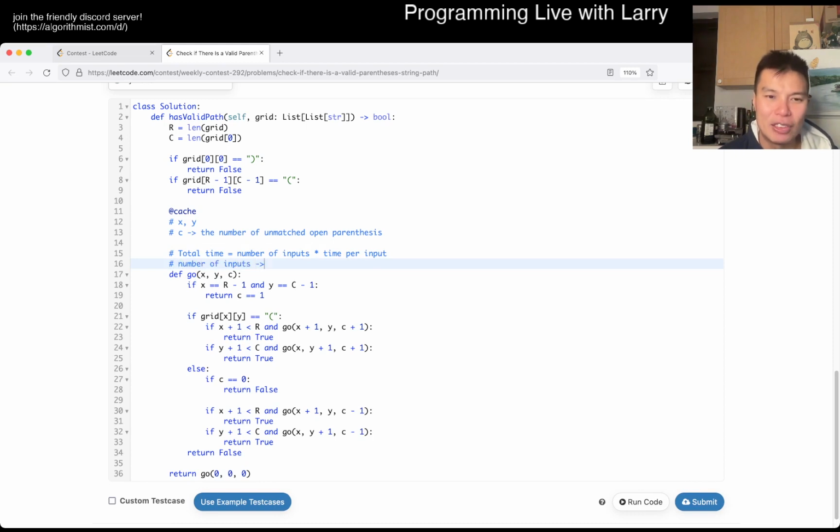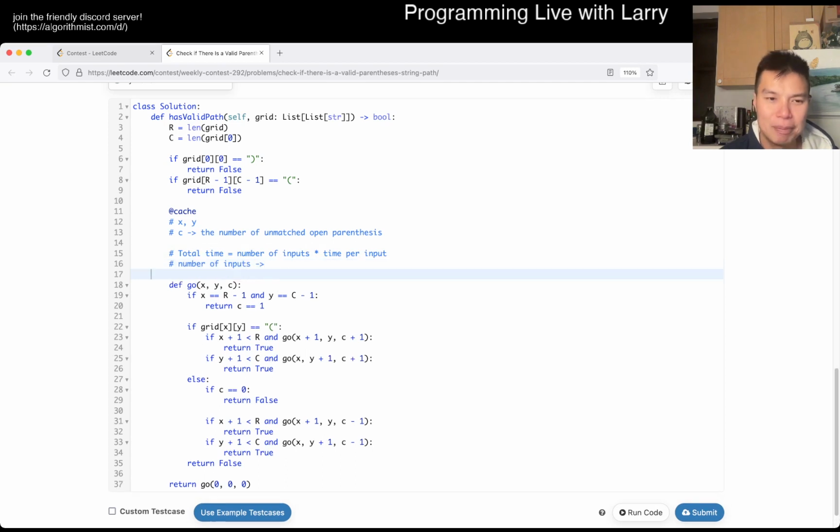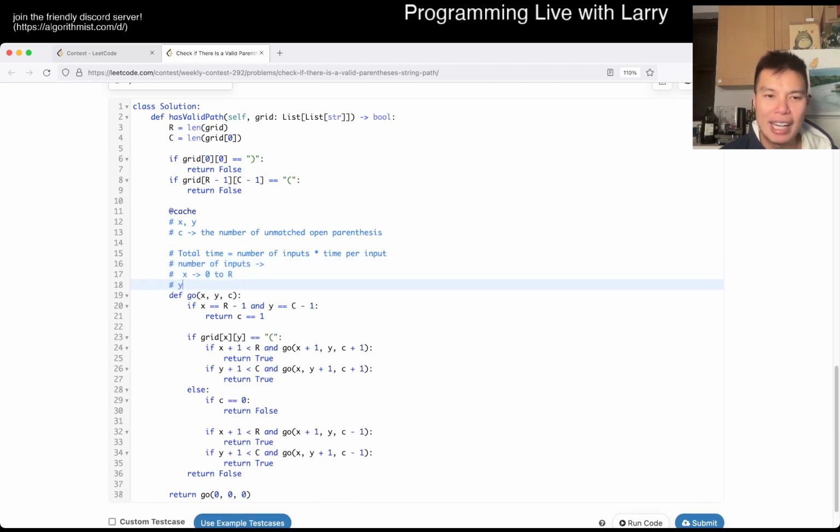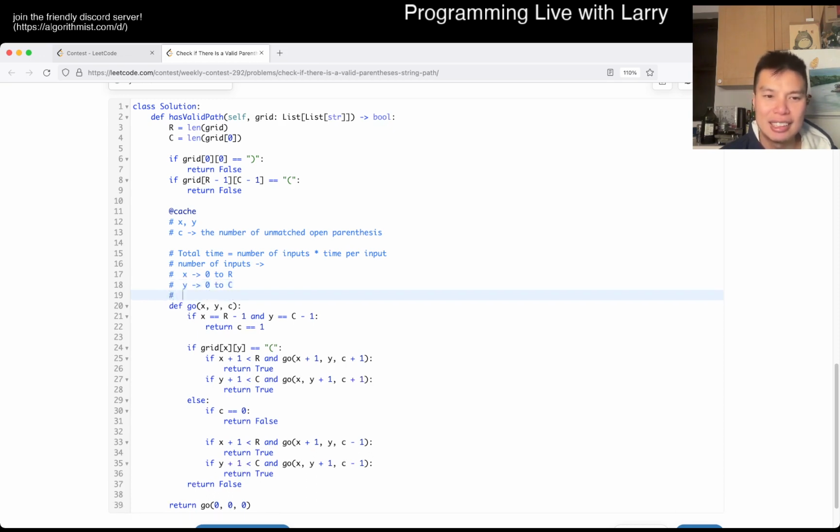Number of inputs: X can go from 0 to R. Y can go from 0 to C. And small c can go from 0 to R plus C, right? As we said, the longest length is going to be R, going R once and then going C all the way once.